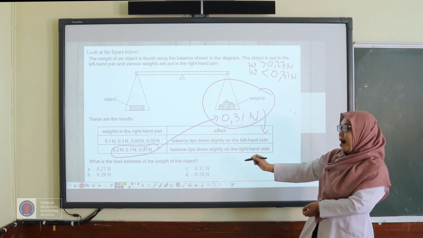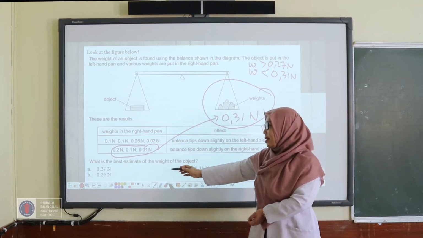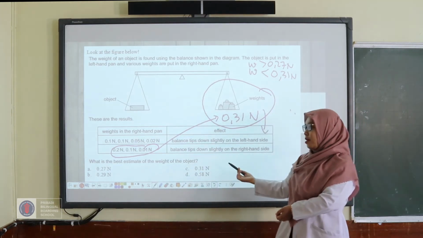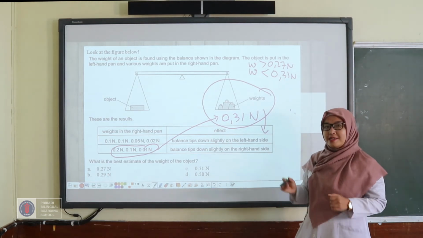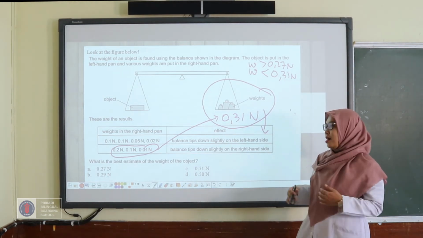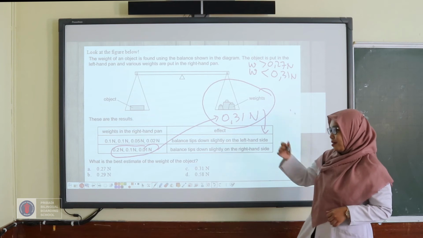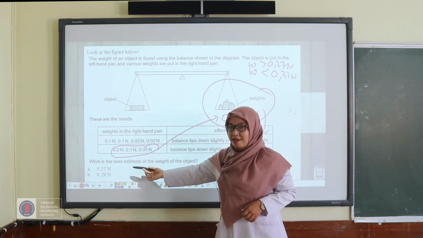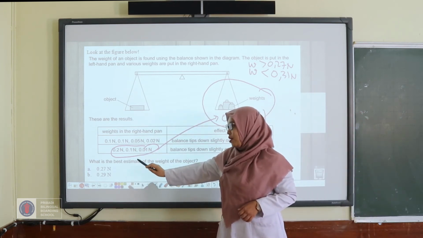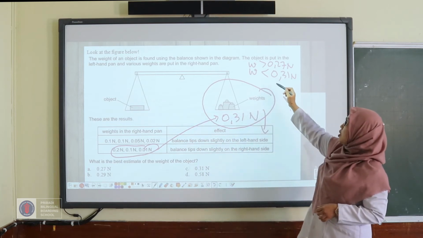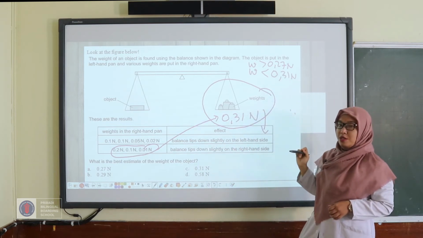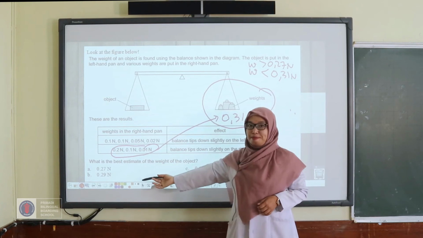The question asks us to estimate the weight of the object. So, which choice is correct? Is it A? No, not A, because the weight must be between 0.27 and 0.31. Is it B?